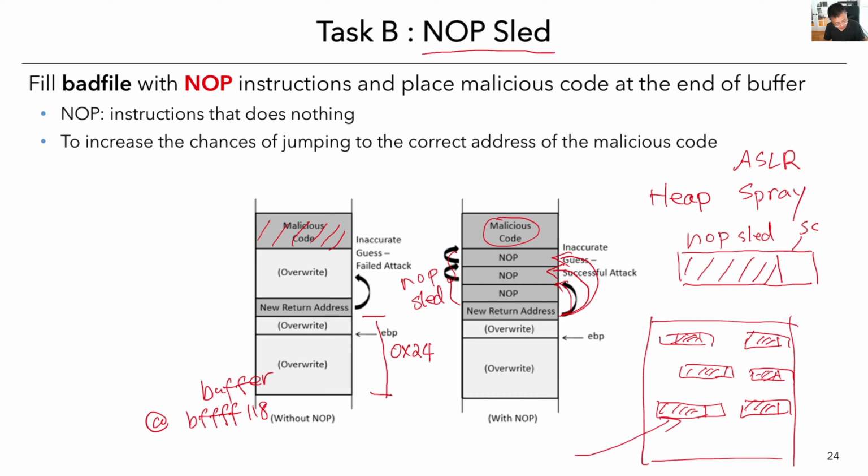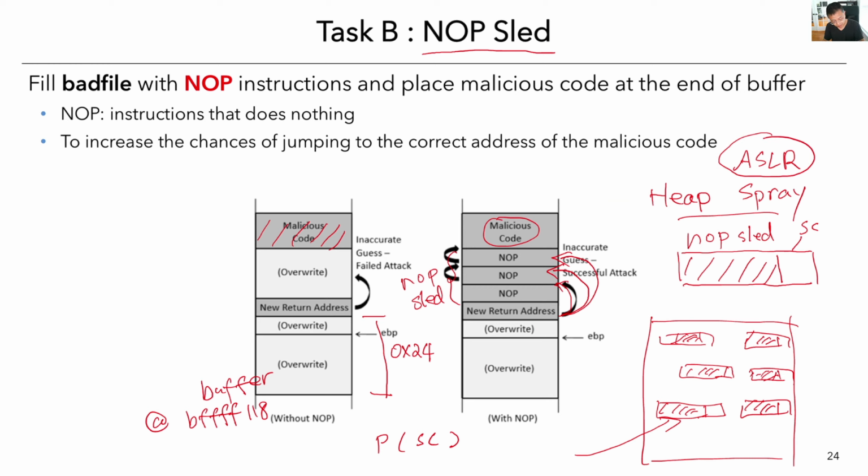Because the NOP sled is very large compared to the actual shellcode, the probability of hitting the shellcode is actually very large, because you have a large portion of NOP instructions in the heap spray attack. So the NOP sled can help us defeat address space layout randomization.